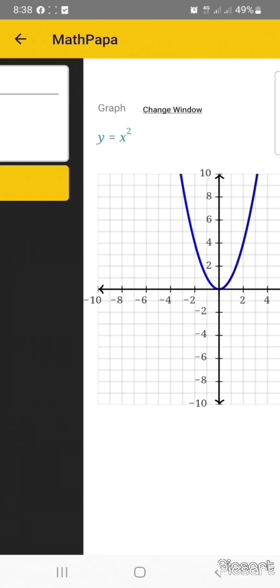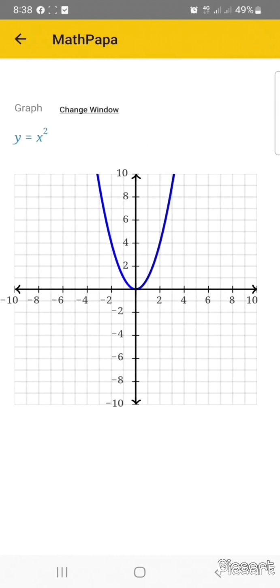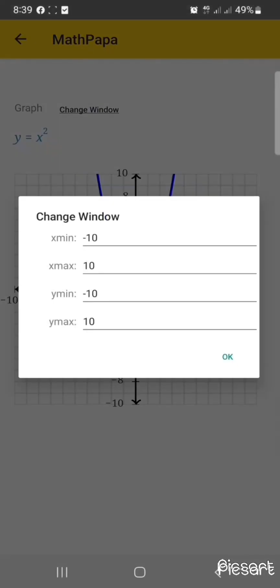Then you can simply calculate there the graph of the function y is equal to x squared. You can actually change the window. You can edit the minimum value of x and maximum value of x, and the minimum and maximum values of y.